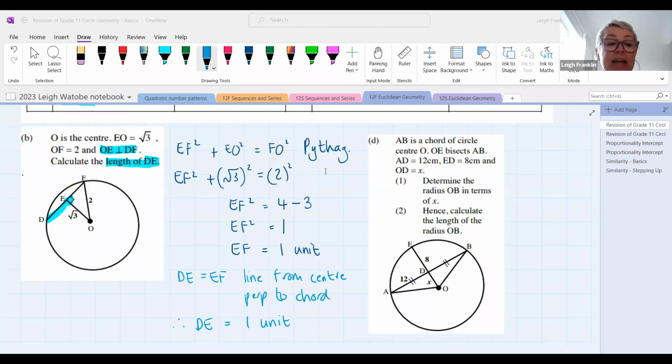Then you would have to state that angle OED is also 90 because of adjacent angles on a straight line, meaning that the new triangle that you've created is right angled, and therefore you can do the theorem of Pythagoras in it. Only then would you be able to start on DE squared plus EO squared equals OD squared. So you would be creating a lot of extra work for yourself that wasn't necessary.